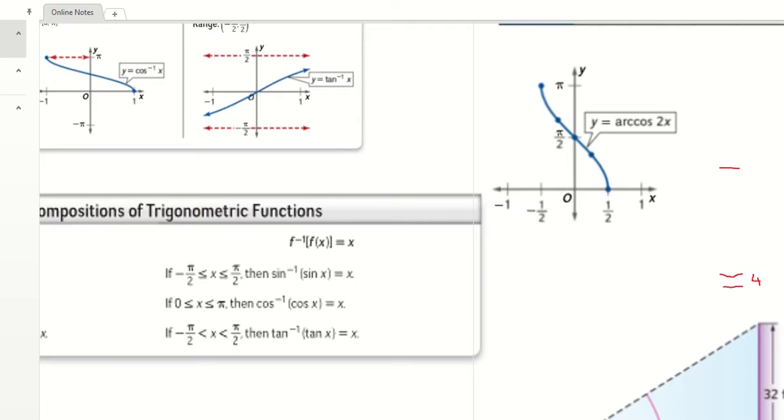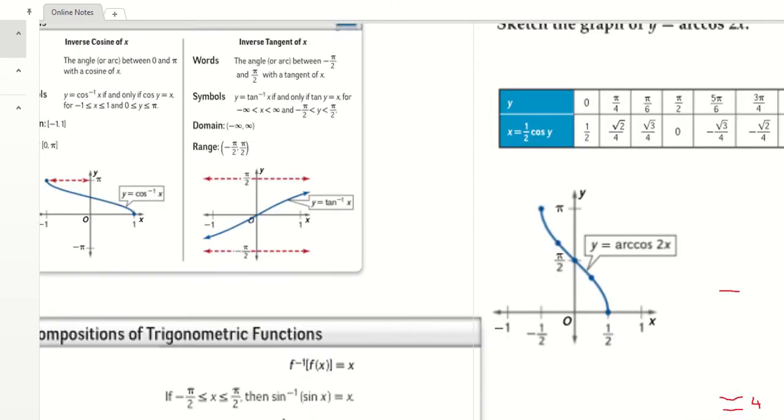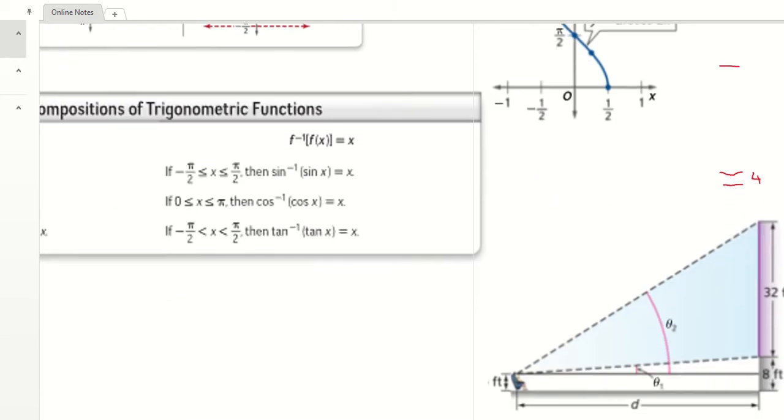Okay. Now, this is one of the examples. So you got it? That's all you gotta do. You take this graph, 0 to pi on y, still 0 to pi on y. On x, instead of -1 to 1, it is minus half to half because we scaled. We multiplied x by 2, that means we shrink it on the x-axis.